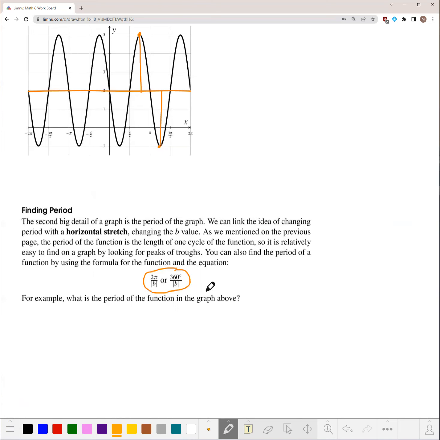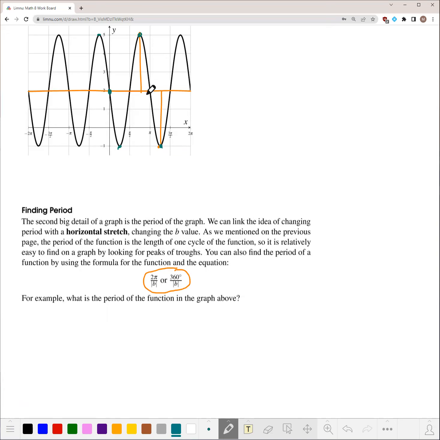So here's an example. What is the period of the function of the graph above? Don't get confused. There's no b value given to us. So we can just, again, do that trick where we look at things and see what happens. Here, I like to pick one of the three key points. We can either look at a peak to a peak, the same position on our graph, a trough to a trough, or a min to a min. Or in this case, I'm really happy that I've got a midline intersection on 0, because that makes it really easy.